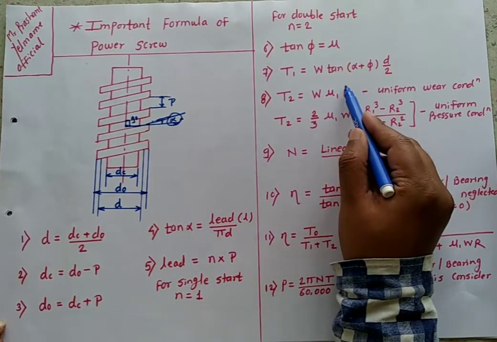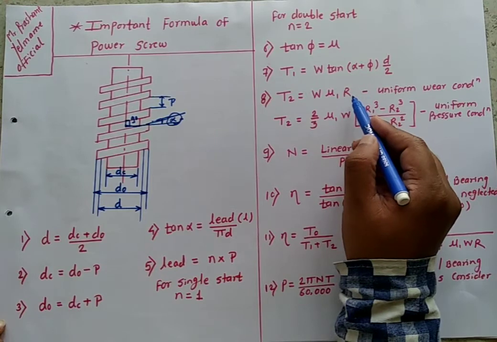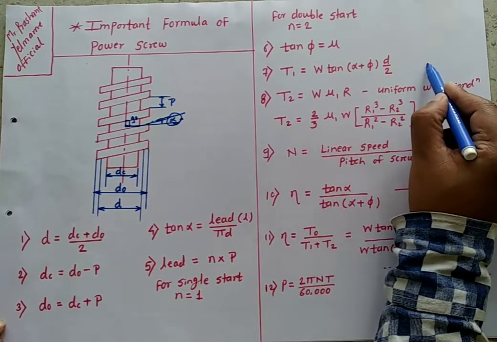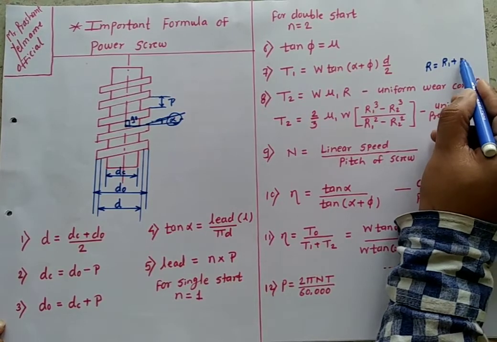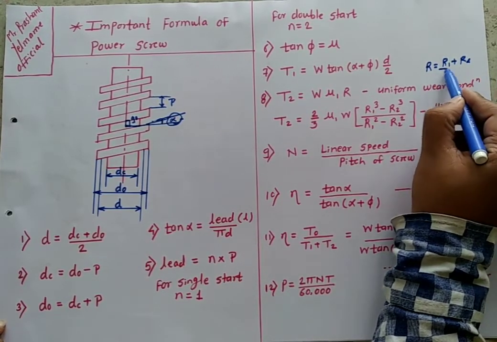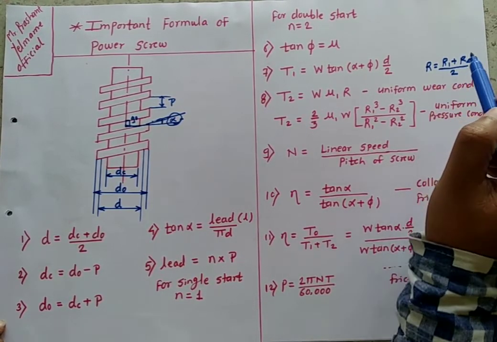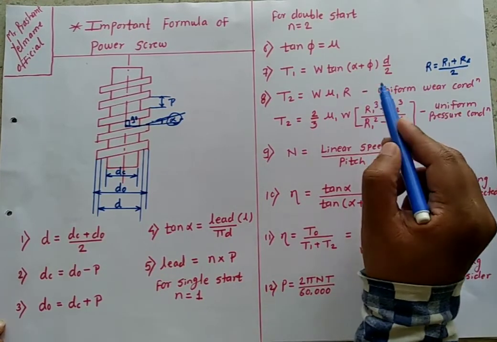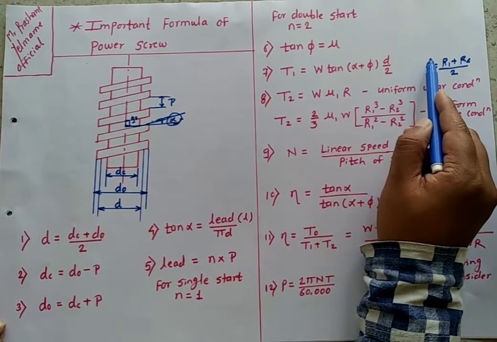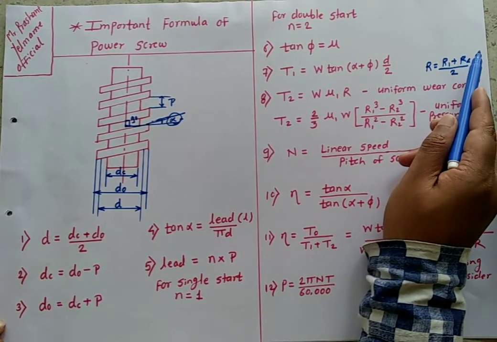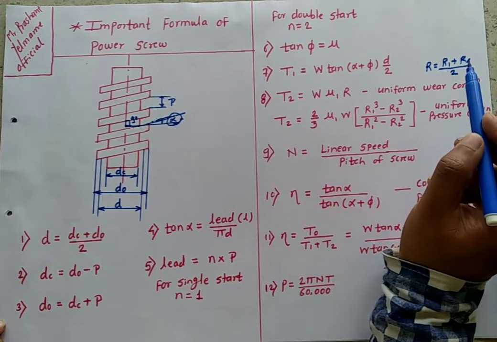Then R is the mean radius, which is calculated by using this formula. R is equal to R1 plus R2 divided by 2. That radius is called the mean radius, where R1 is the outer radius of collar and R2 is the inner radius of collar.